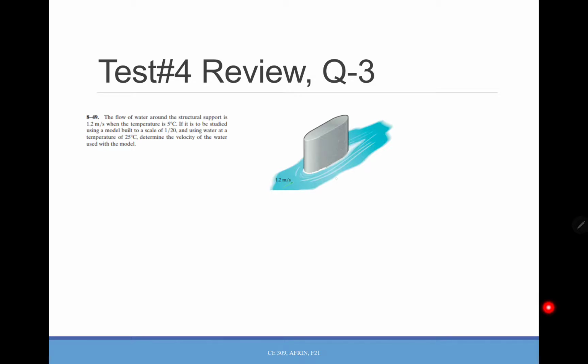It seems like open channel flow, not pipe flow, but if you look at the question description, the dominant force is the friction along this surface. So you need to use the Reynolds number again: Reynolds number for model, Reynolds number for prototype. Then you can solve this question.